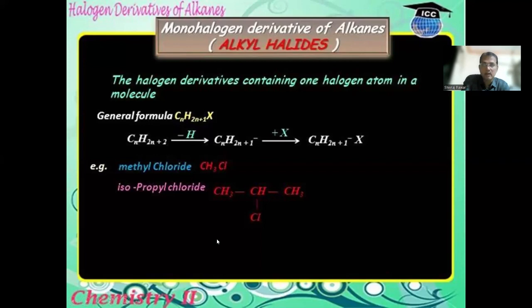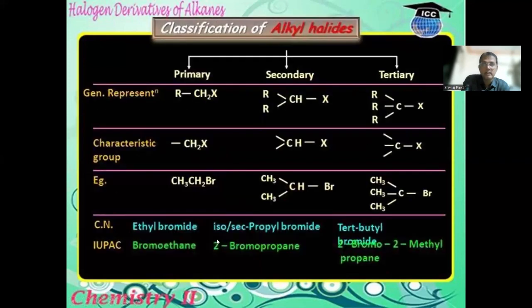So we are going to consider this monohalogen derivative, and we are going to classify now the alkyl halide, that is monohalogen derivative. This is the second classification. Here we are going to classify only alkyl halide on the basis of nature of carbon atom.